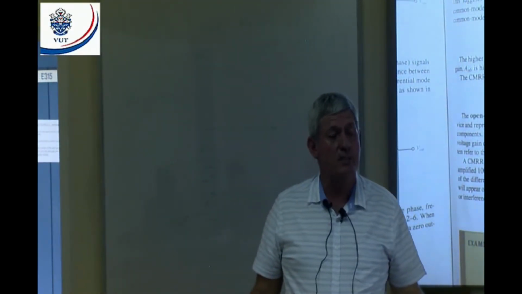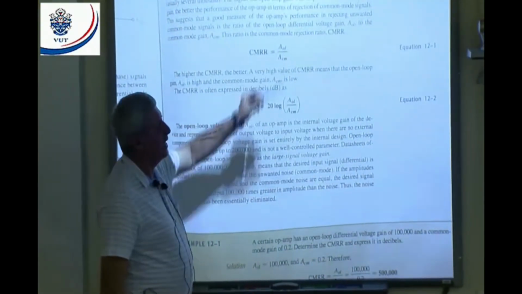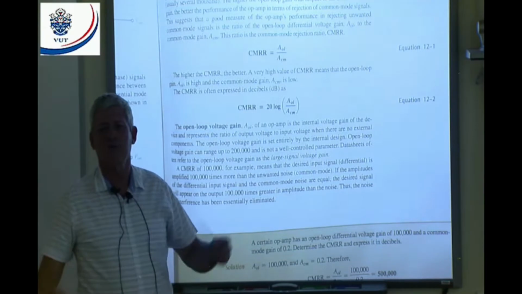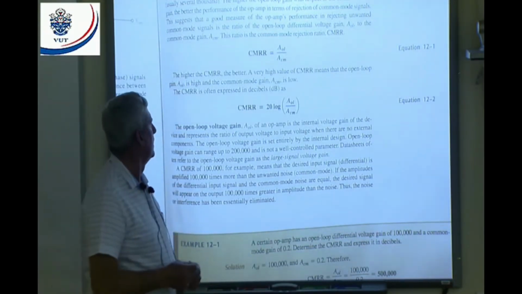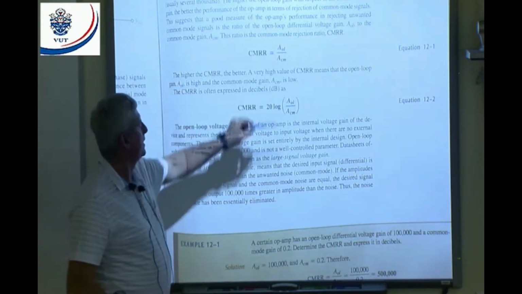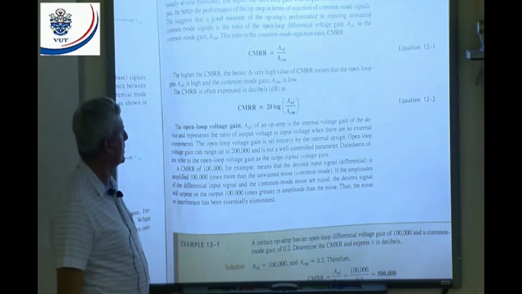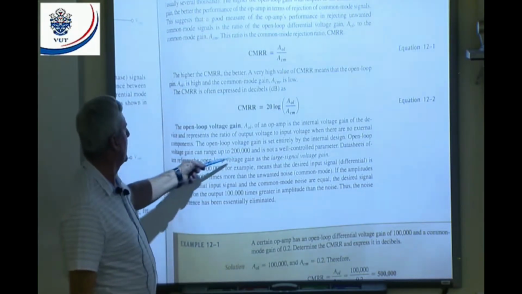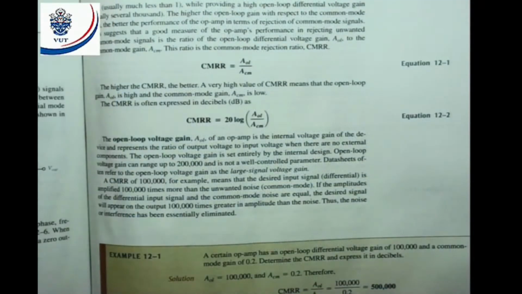That means 200,000 is quite a large gain. My common mode gain is normally very small, in the region of 0.2 or 0.1 or what the case may be. And then we can also express it in dBs, 20 log open loop gain divided by common mode gain. You see here they talk about an open loop gain of around 200,000, and that is the ability to get rid of the noise.